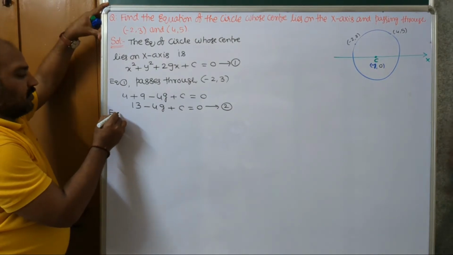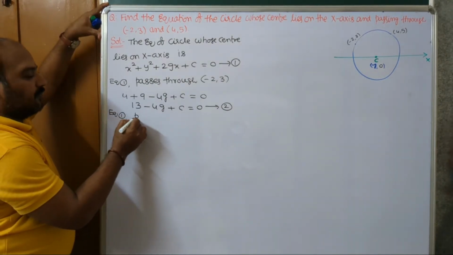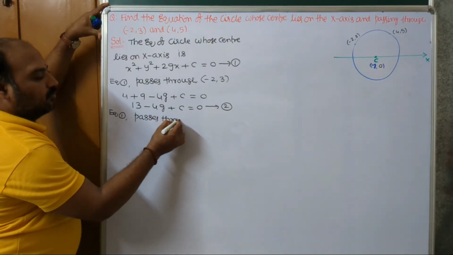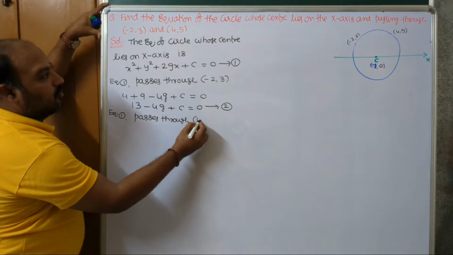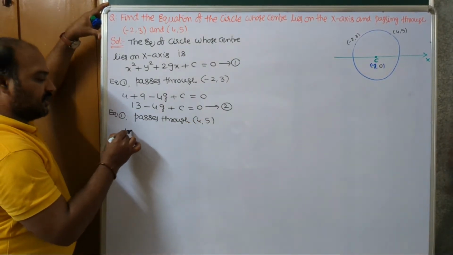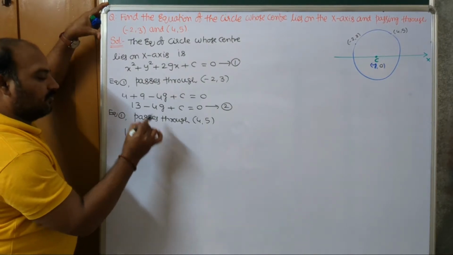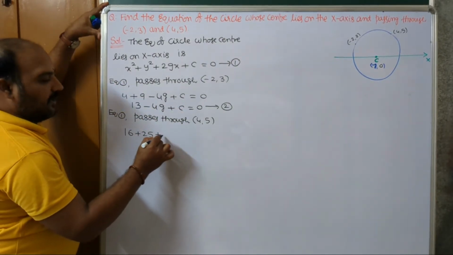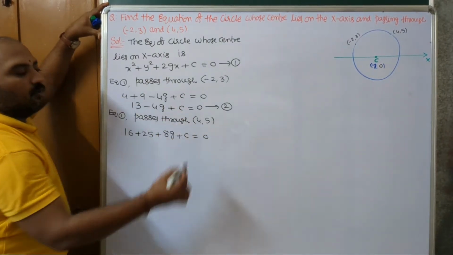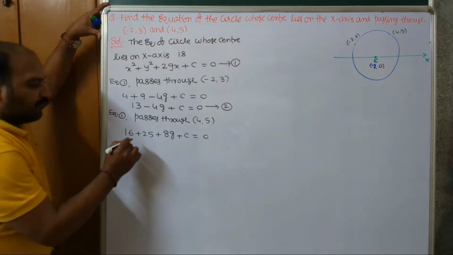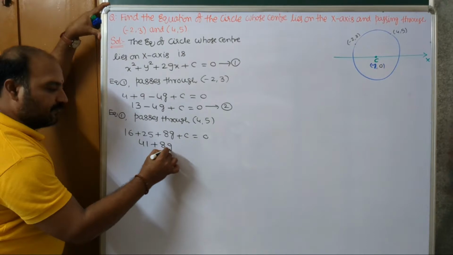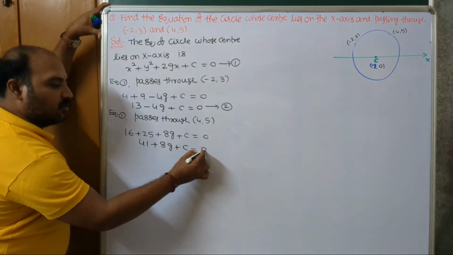Next, equation 1 passes through 4, 5. So 16 plus 25 plus 8g plus c equal to 0. 16 plus 25 is 41, plus 8g plus c equal to 0.